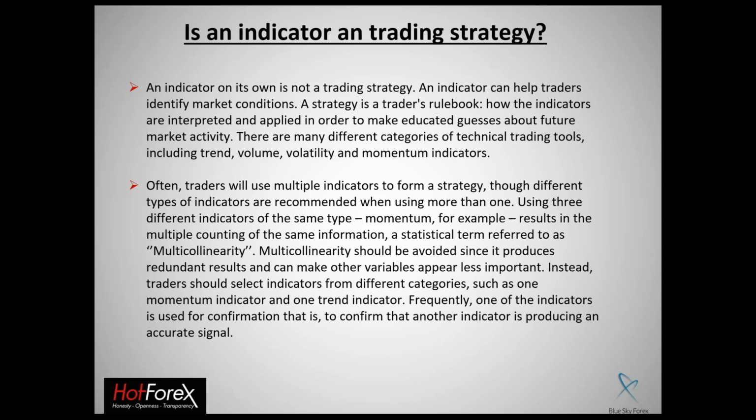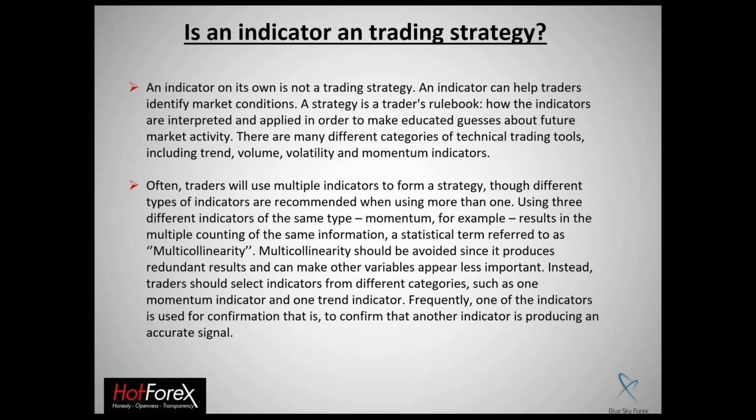Now, also considering the types of indicators, I want to mention that if you are composing a strategy and you want to include different indicators to help you analyze the market conditions and the price movements, then it's wise to use different types of indicators in one strategy. For example, include one trend indicator and one volatility indicator.